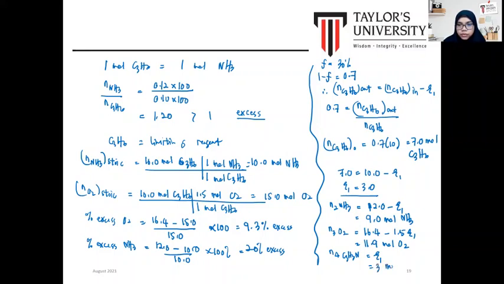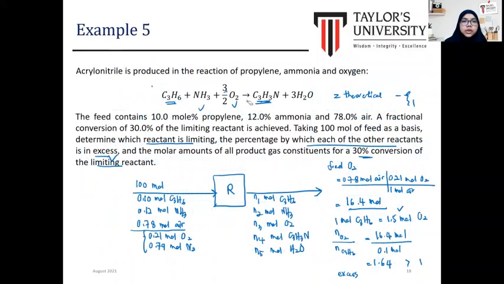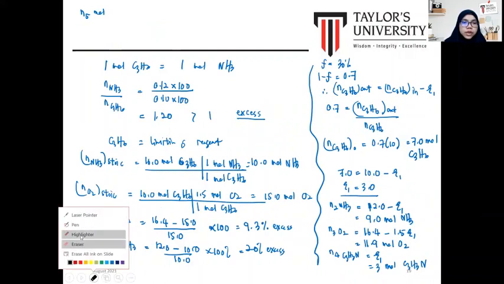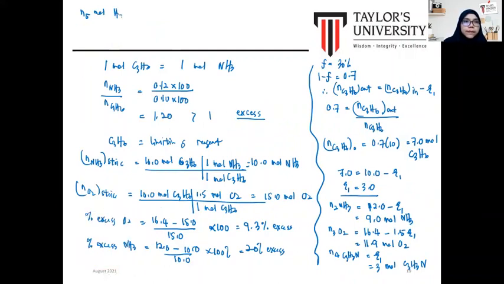It turns to 3 mole. H2O: we do not have H2O in the reactants either, so it turns to positive 3. So 3 times 3 equals 9 mole of H2O present. So this is how you correlate it.